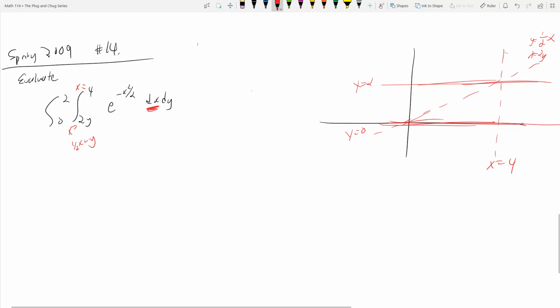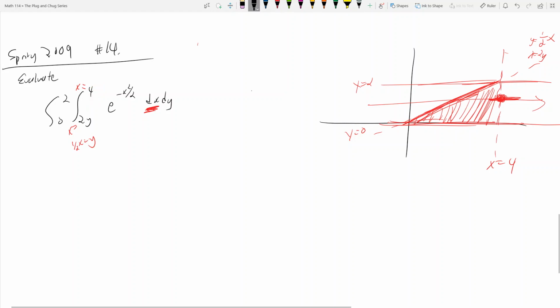Well, I'm going to be this bottom rectangle, because dx tells me if I draw a line through my region, I need to hit the slanted line first, and that's exactly what happens if it's the bottom rectangle. I'm going to hit the slanted line right here first, and then enter my region, and then exit when I hit x is equal to 4. And that's the vertical line. Cool. So the bottom rectangle is going to be my region.